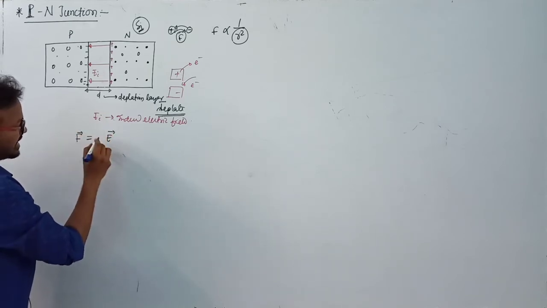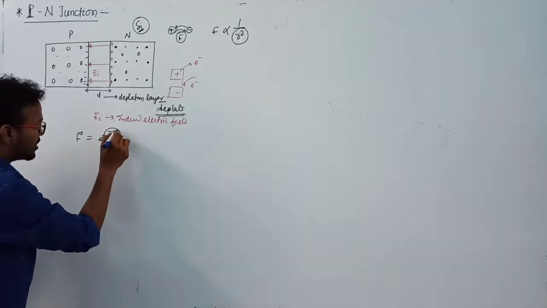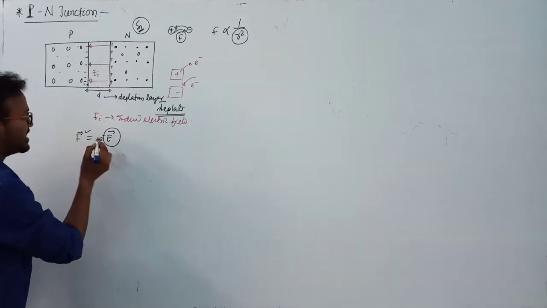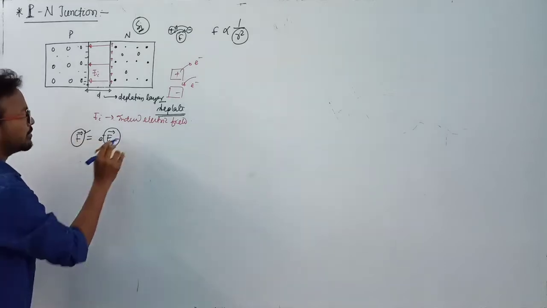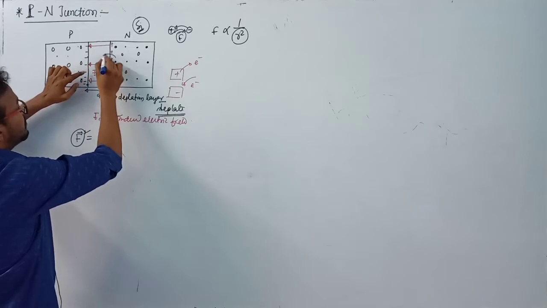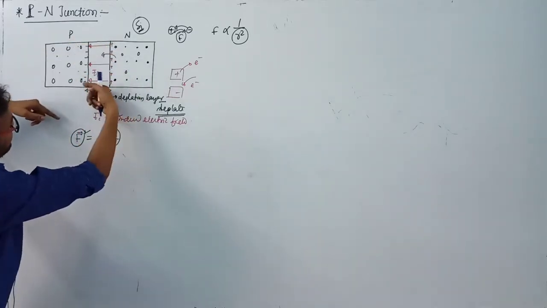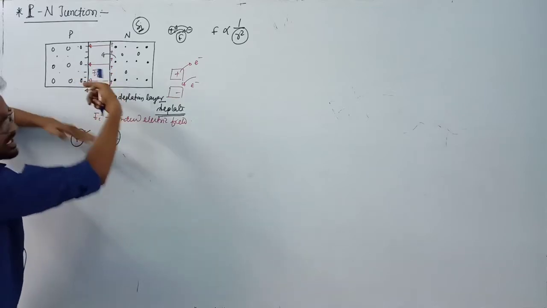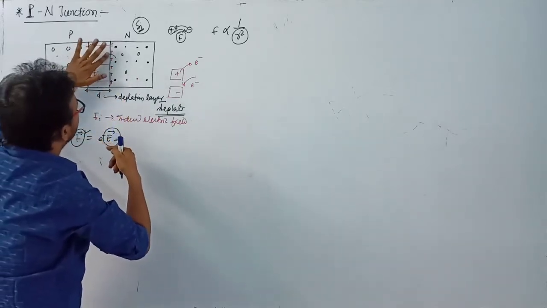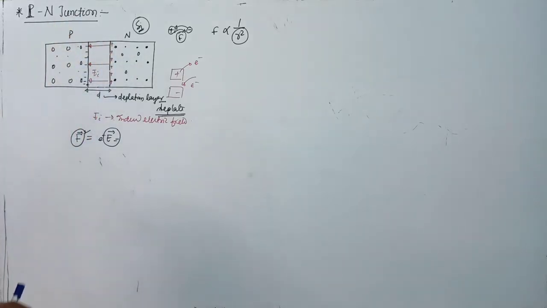If this is a negative charge, you can say electron, then the direction of force is always opposite to the electric field. That's why if the electron tries to move in this direction, it will experience a repulsive force. Why? Because the electric field is in this direction, so the force will be opposite, so it will experience a repulsive force. That's why this electron cannot move from one point to another point.